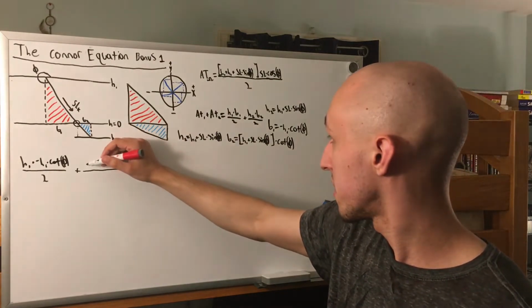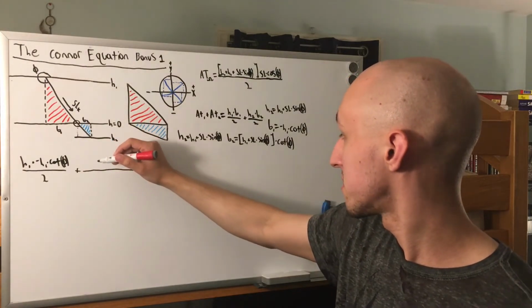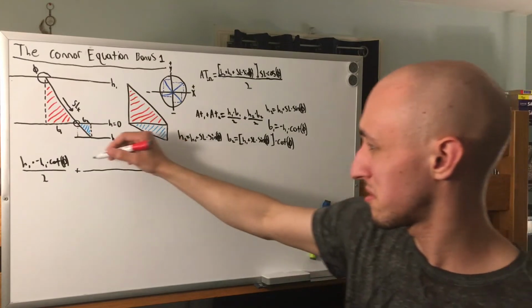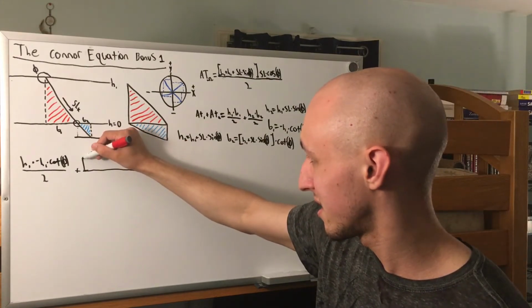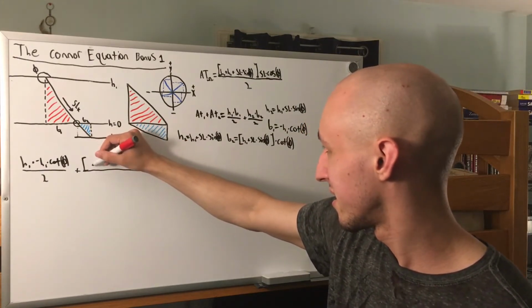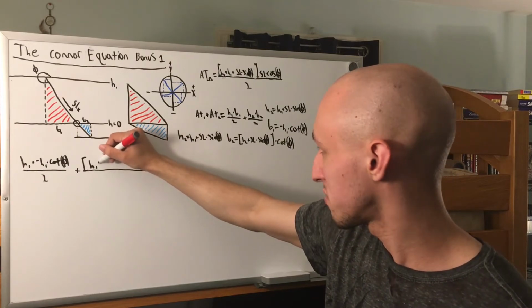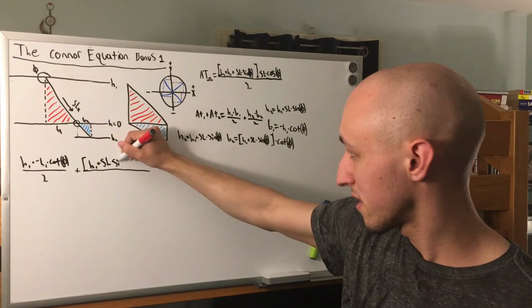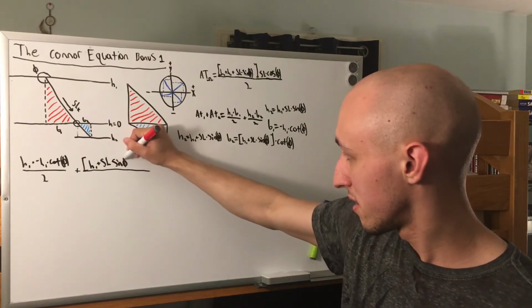I'm going to use brackets: h1 plus SL sine phi.